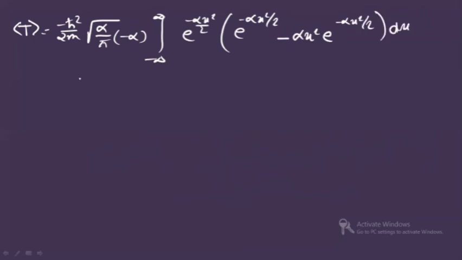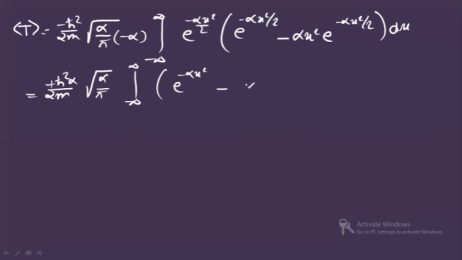Alright, this is dx. So here, in this case minus ħ²/2m, minus α will become plus. So this is ħ²α root over α by π, minus infinity to plus infinity. So when you multiply, the first term will be e to the power minus αx², right? Minus αx². Here you will have e to the power minus αx² dx.